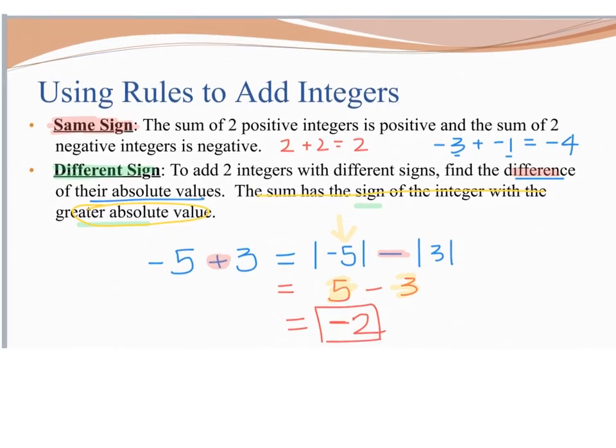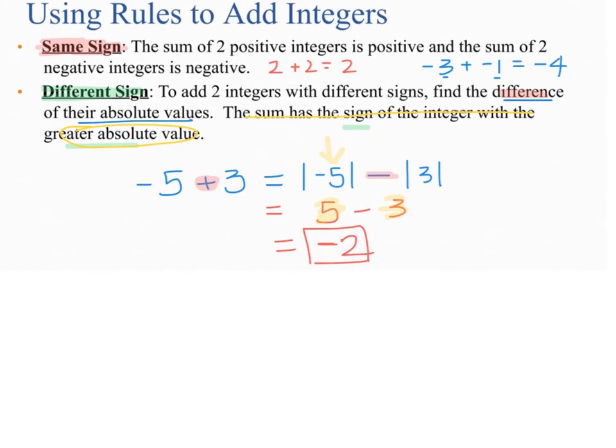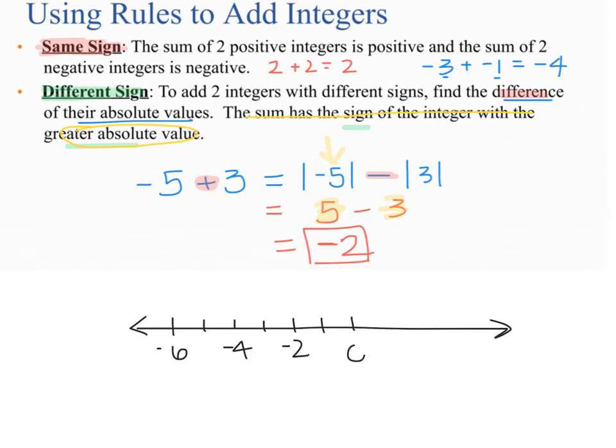Now to confirm this, why don't we go ahead and do a quick number line? If I have a number line like this, and we're going negative 6, negative 5, negative 4, negative 3, negative 2, negative 1, 0, 1, 2, and 3.